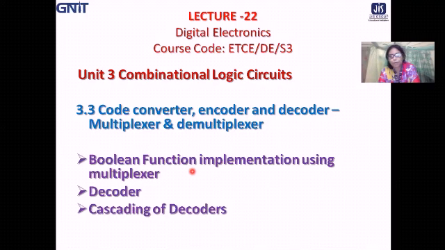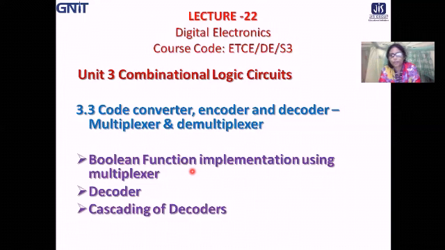Next, we have seen about the number systems. We have discussed different number systems and we have also learned about the conversions from one number system to the other. We know that the number systems are of different types, such as the decimal number system, then binary number system, octal number system and hexadecimal number system.